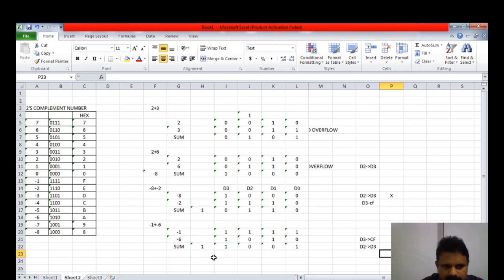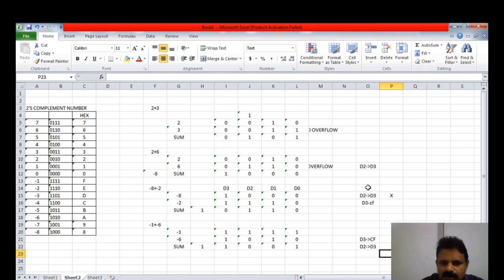The remaining bits represent the pattern 1 0 0 1. What is 1 0 0 1? It is minus 7. It is correct. Minus 1 plus minus 6 is minus 7. The answer is correct. But here there is no overflow.